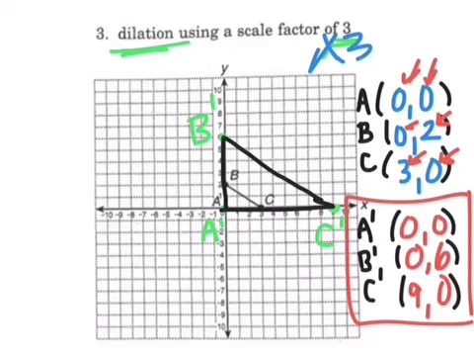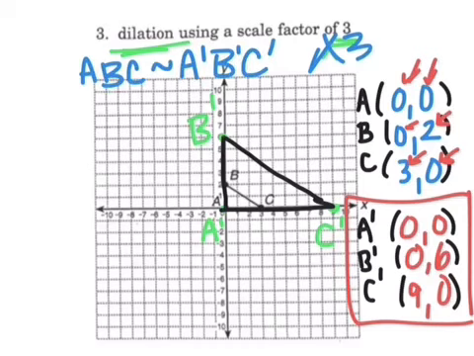It's 3 times bigger. Now we write our similarity statement. The original triangle ABC is similar to A prime, B prime, C prime. It's the same shape, but not the same size.